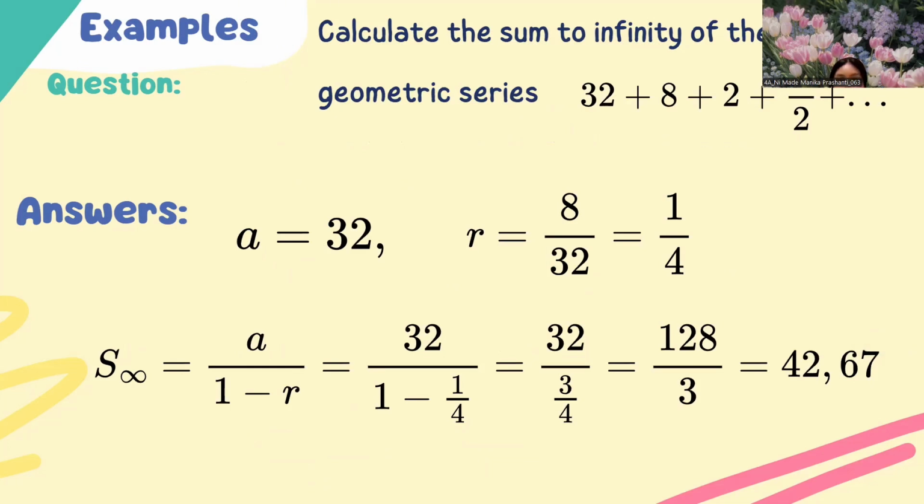Okay, to answer this question, first we know A or U1 is 32 and the ratio is a quarter. So we use the S infinite formula and we substitute the value and evaluate, so we get S infinite is 42.67.